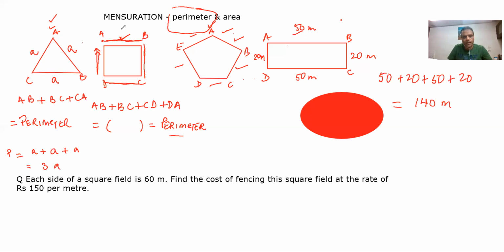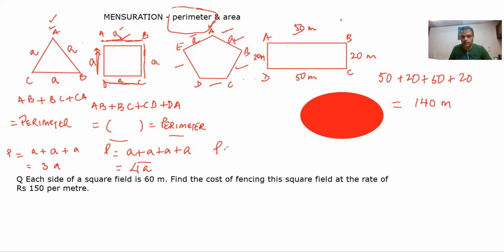What is the perimeter of a square where the sides are the same? If one side is A, another is A, the third is A, and the fourth is A. So the perimeter is A plus A plus A plus A, or simply 4 times A, 4 into A. How do we calculate the perimeter of a regular pentagon whose each side is A?